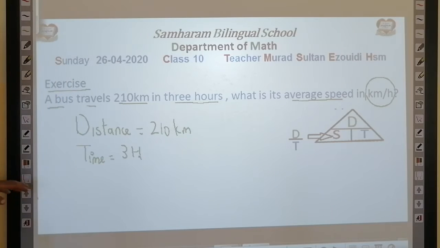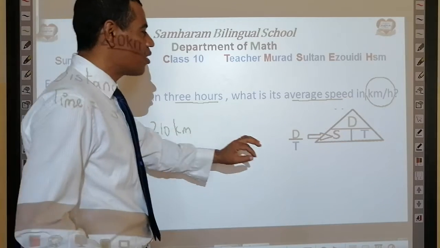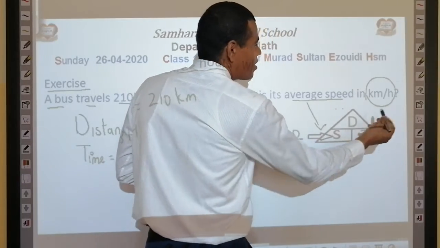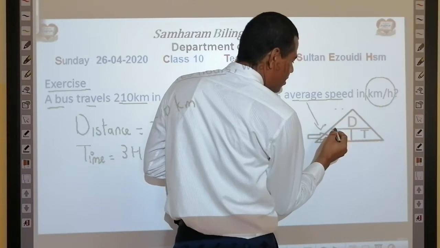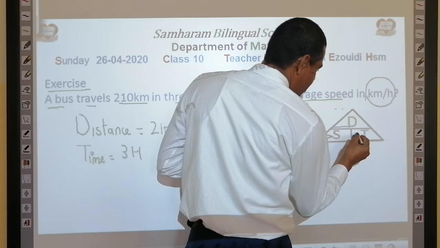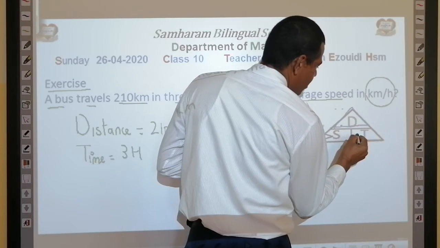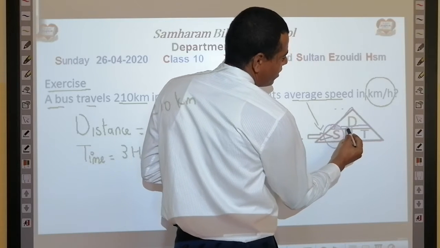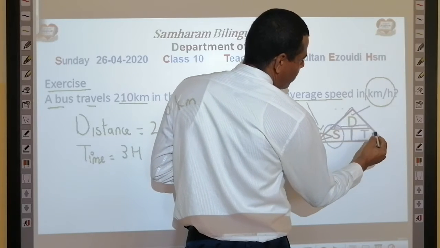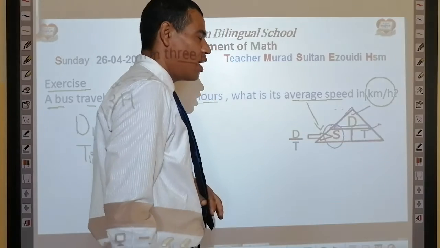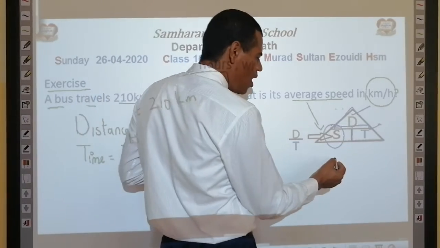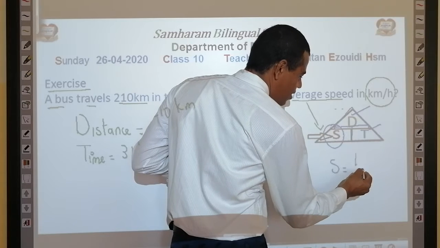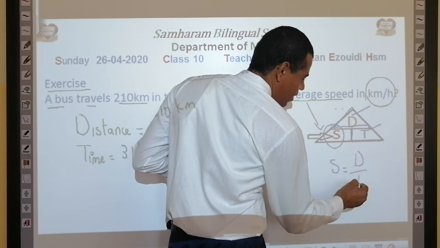We told, my learners, if you like to work out the average speed, just make the distance divided by the time. Why? I will tell you why. Speed equals distance traveled divided by time, isn't it?